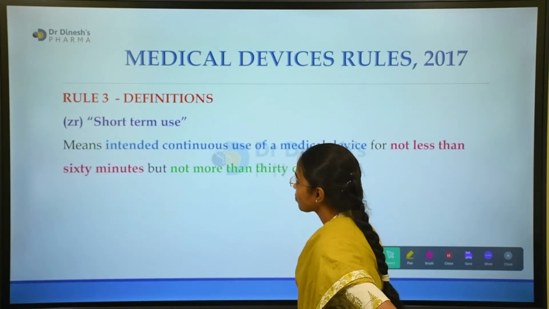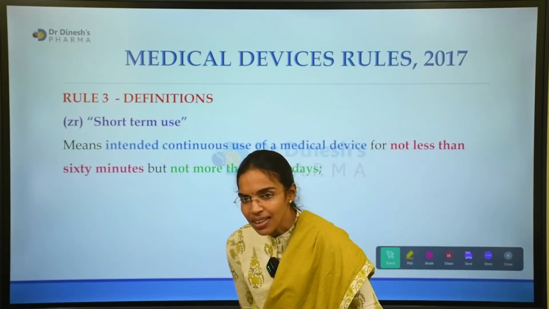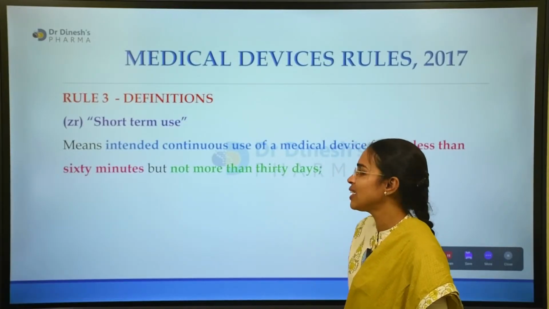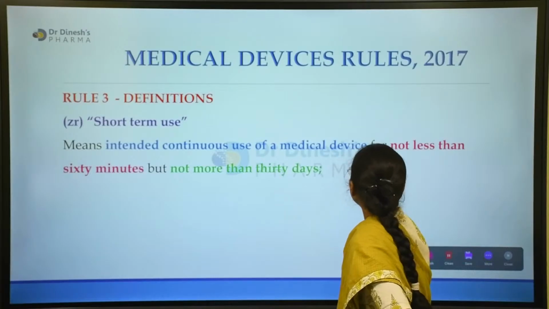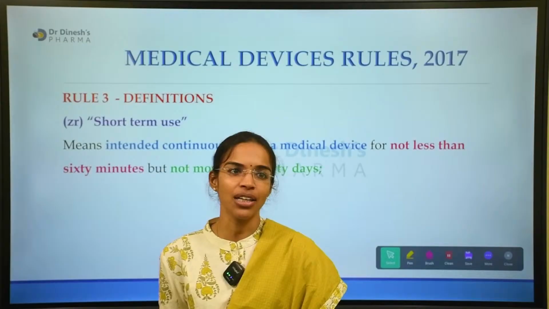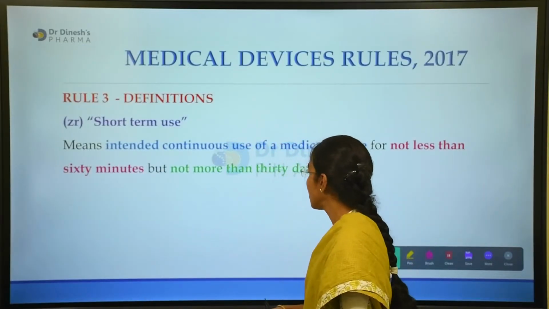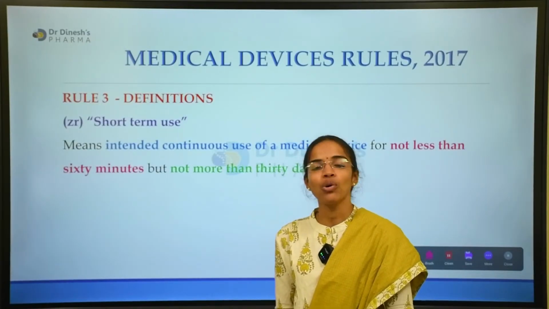And short-term use. What is short-term use? It is the opposite of long-term use. A short-term use medical device is one intended for use for not less than 60 minutes and not more than 30 days.